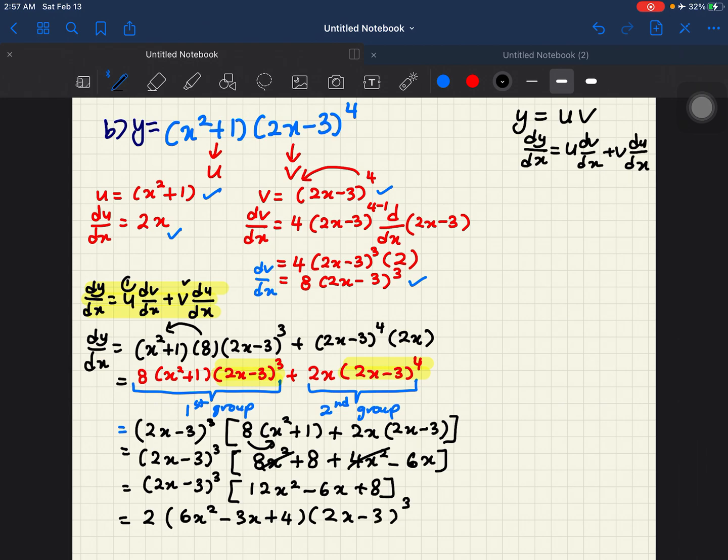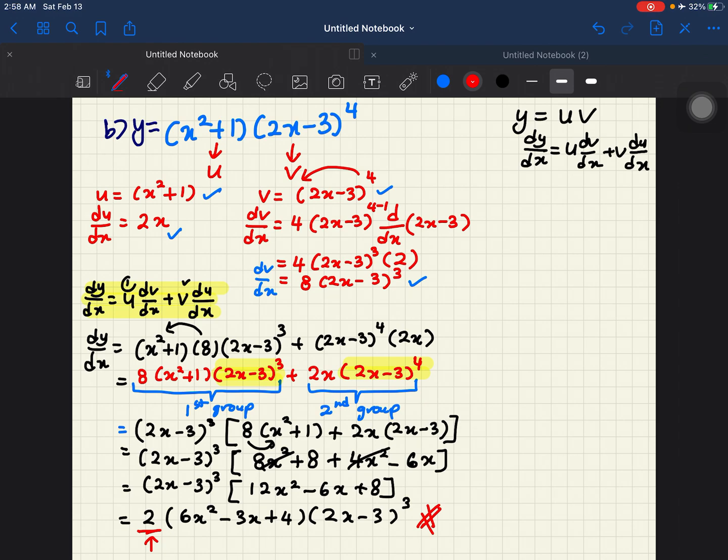Okay? You have to always put the coefficient, or the term without unknowns, at the very front. Alright? So, settle for this one. So, you have already found dy over dx.